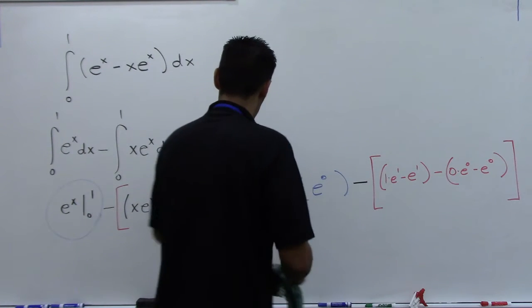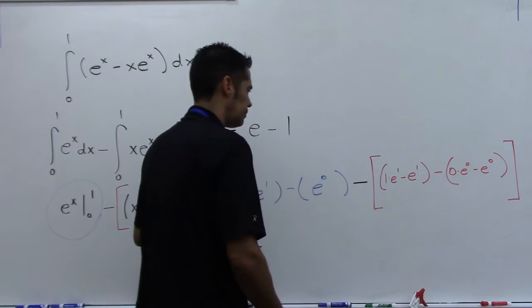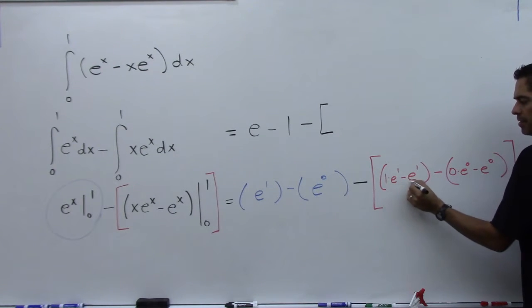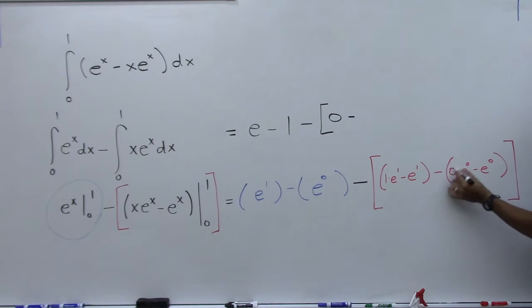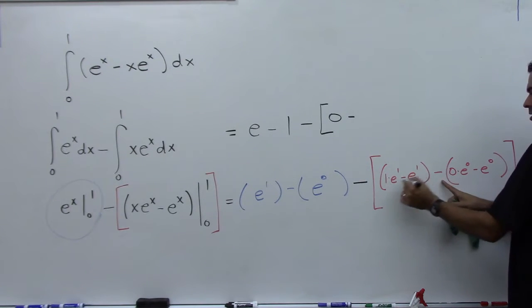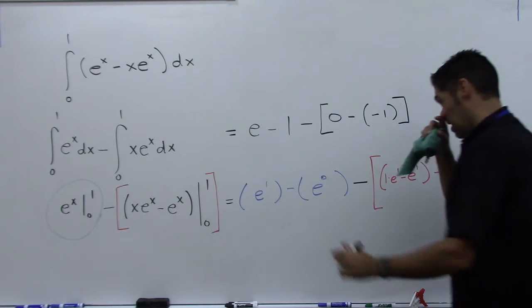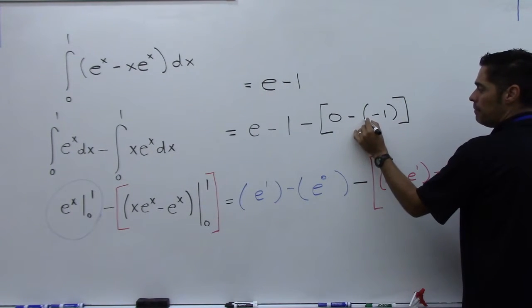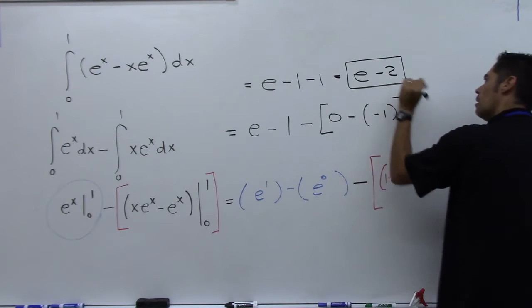This equals e to the 1 is e, minus e to the 0 is 1, minus, in brackets, e to the 1 minus e to the 1, that's a 0, minus 0 times anything is 0, that's gone, and then minus e to the 0 is 1, so minus 1. So I have the 0 here, minus, and then in here I have minus 1. So we get e minus 1. These two together is plus 1, but then minus 1. So you get e minus 2. That's it.